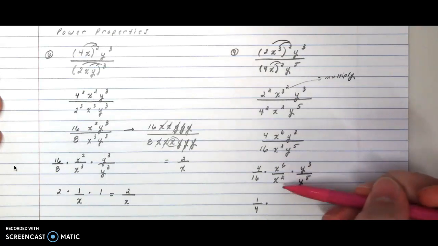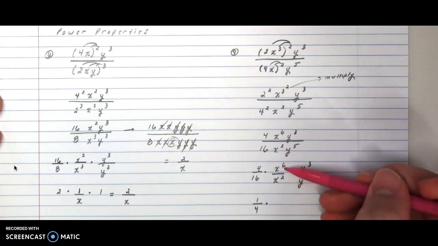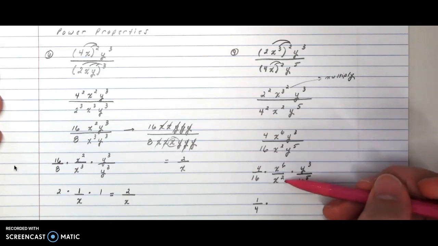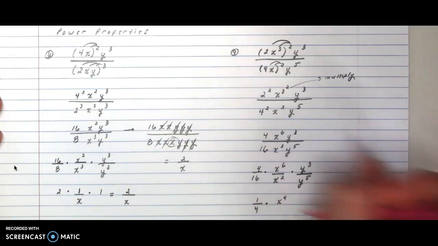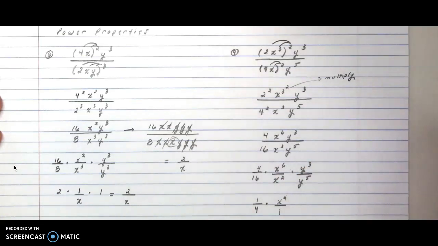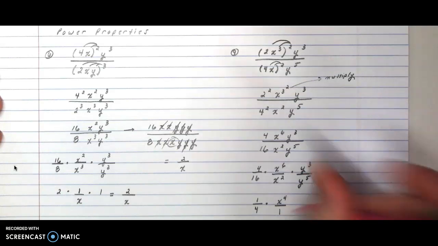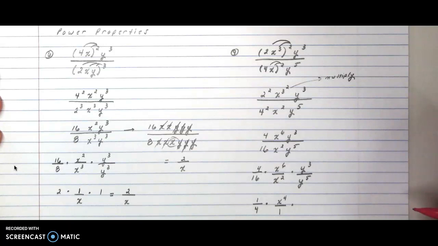Here we have x to the 6th over x squared. Well, again, if they're playing tug-of-war, x to the 6th is going to win because it actually has 4 more factors of x than x squared does. So that means we're going to have x to the 4th that's left over on the top, with really nothing on the bottom, so we can just put a 1 there. And then y to the 3rd over y to the 5th.